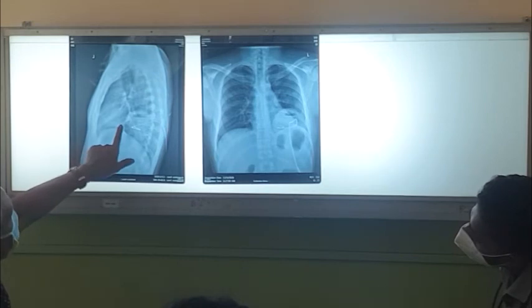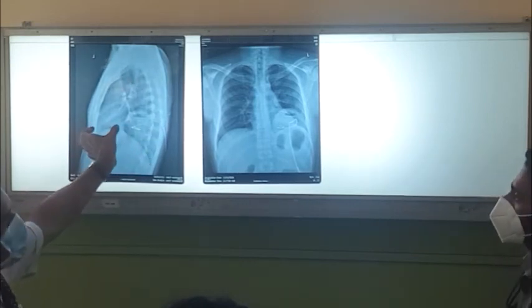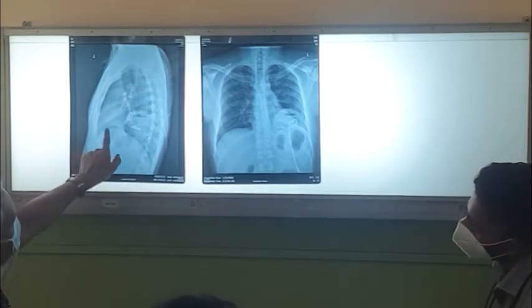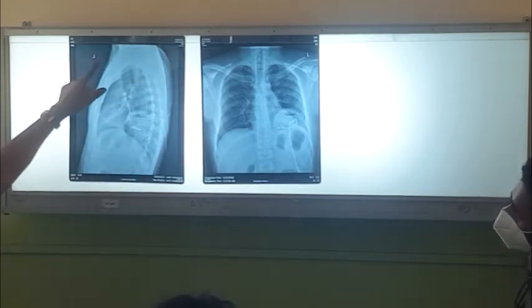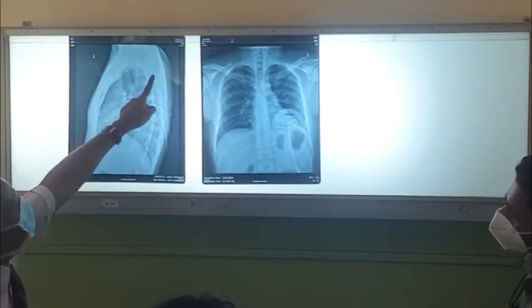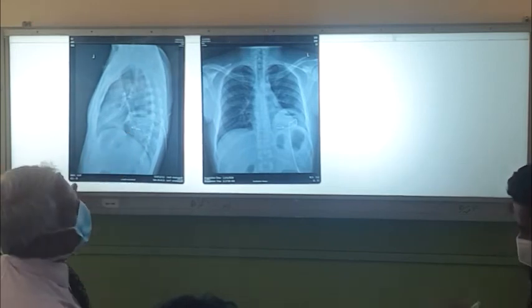This part you can't see because of the cardiac shadow, right? But you can see the right hemidiaphragm nicely. This is the left actually. So this is the left, this is the right, and we have inserted a pigtail catheter there.